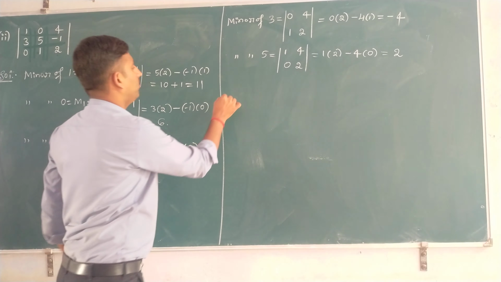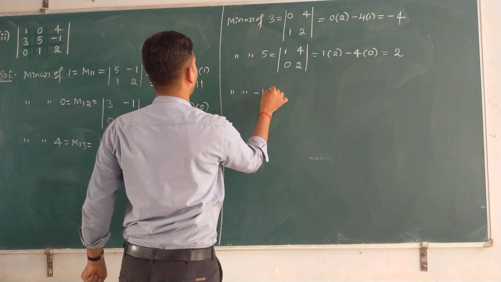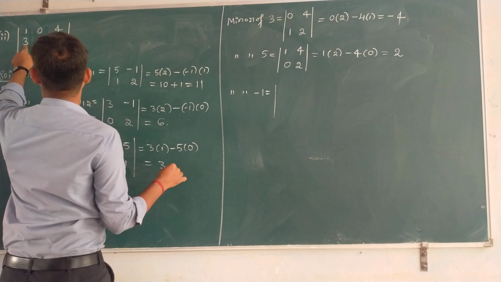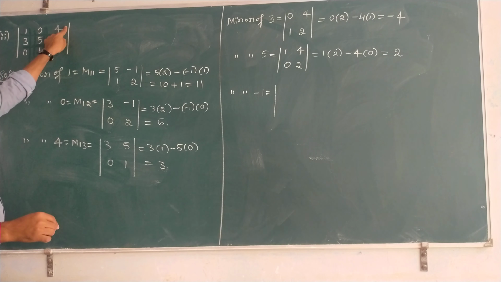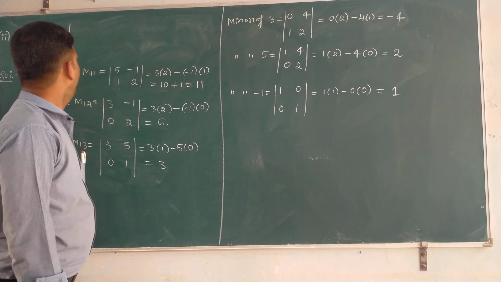After that, minor of minus 1: eliminate this row and this column. The elements are 1, 0; 0, 1, which is 1 into 1 minus 0 into 0, equal to 1.